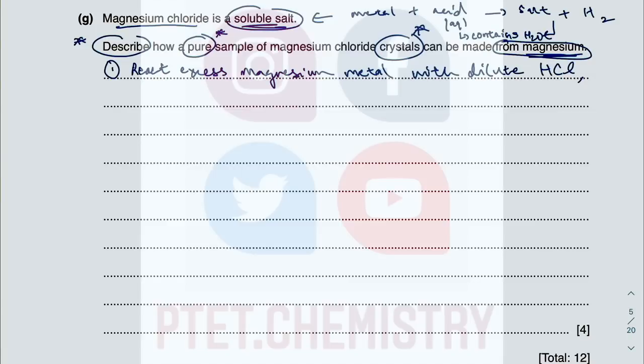Oh, sorry, it does matter. You need HCl because you want the chloride. Okay, I beg your pardon. If you use the sulfuric acid, you're going to get magnesium sulfate, and you don't want that. You want magnesium chloride, so you have to use dilute HCl. That's very important there. So you're going to get magnesium plus HCl.